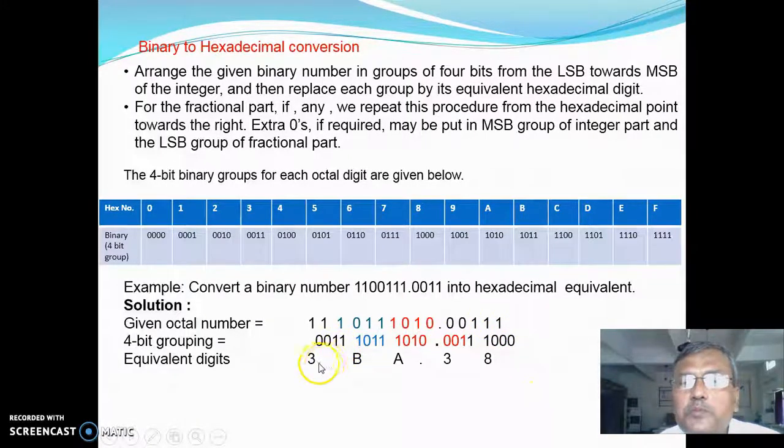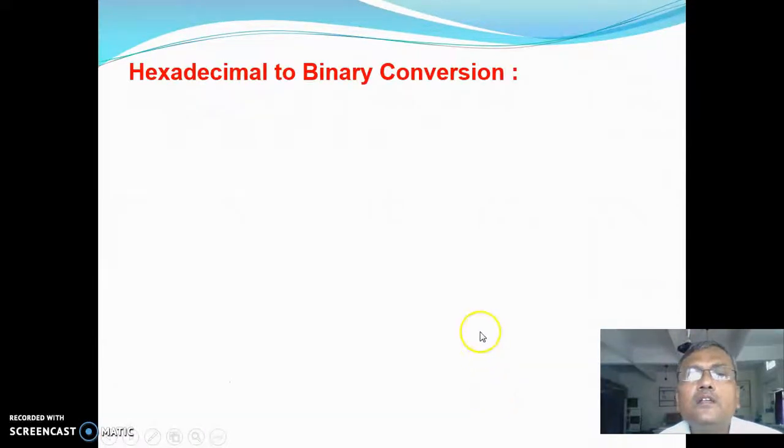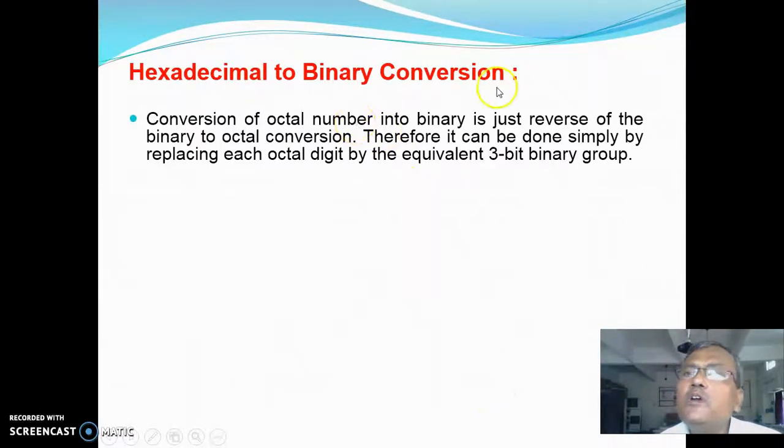Then convert each group of 4 bits into the corresponding hexadecimal digit: 0011 corresponds to 3, 1011 to B, 1010 to A, 0011 to 3, and 1000 to 8 here. Hence the equivalent hexadecimal number is 3BA.38.